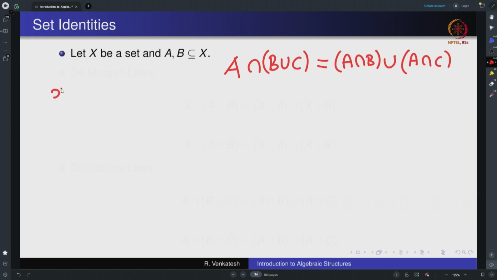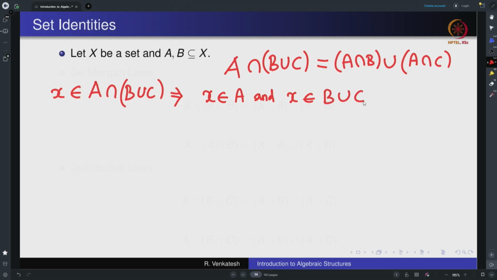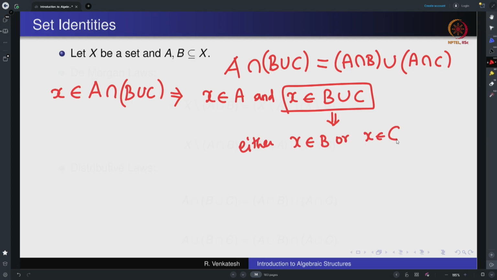So, now let us start with some element x in A intersection B union C. Then that would imply that x is in A and x is in B union C. Now, what is the meaning of x is in B union C? So, this means either x is in B or x is in C.